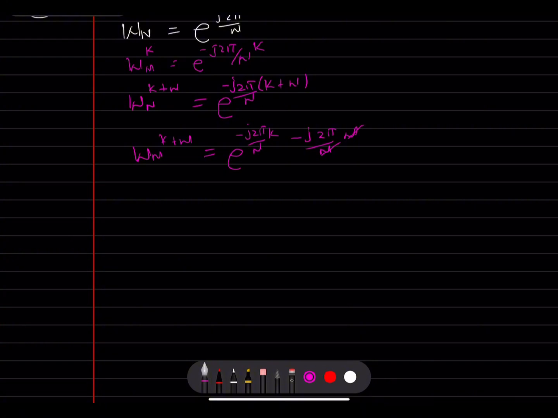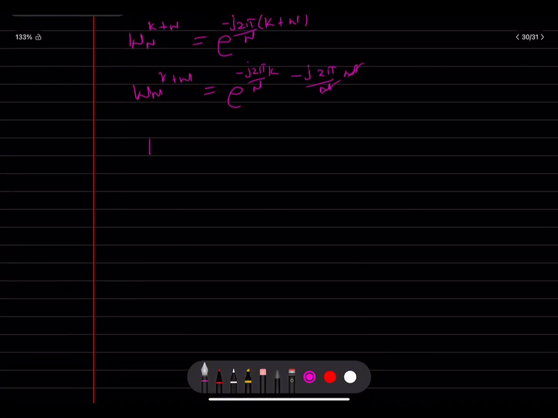This N will cancel this N, and now we have omega N^(k+N) equal to exponent negative j 2 pi over N k, plus, in brackets, negative j 2 pi. The N has already been cancelled, so you don't have to bring it.